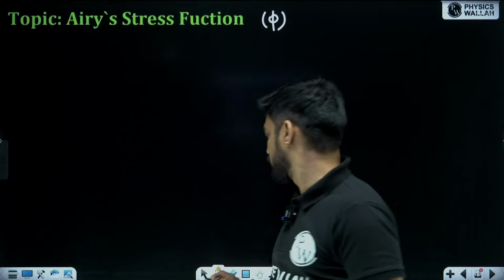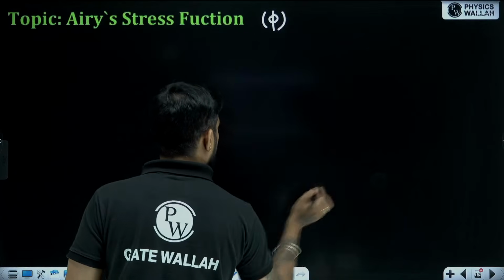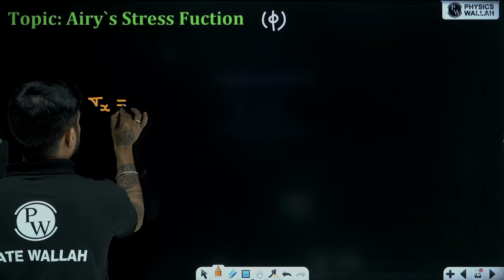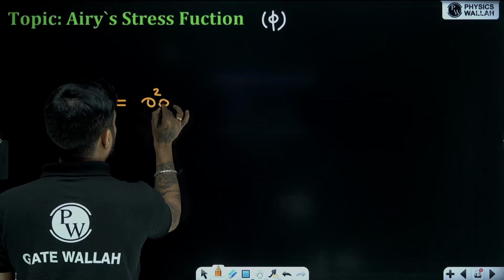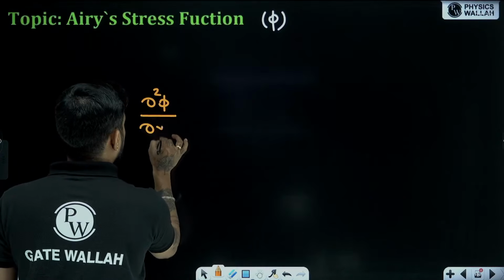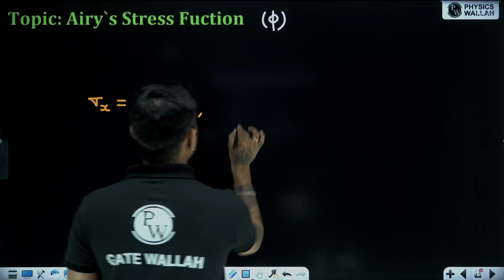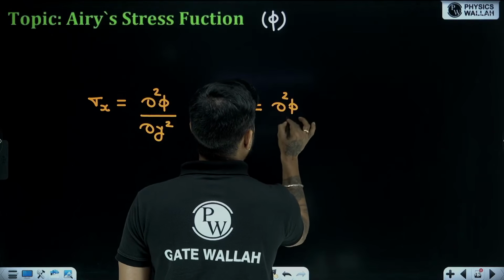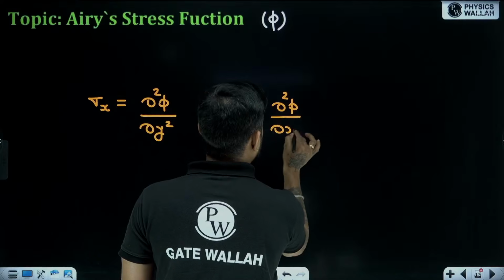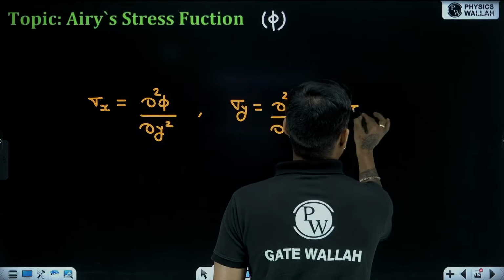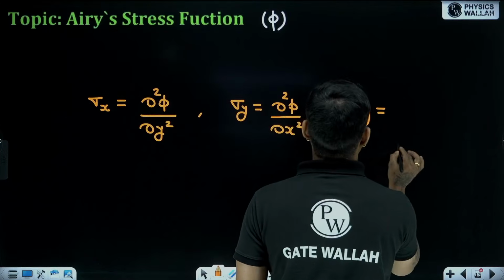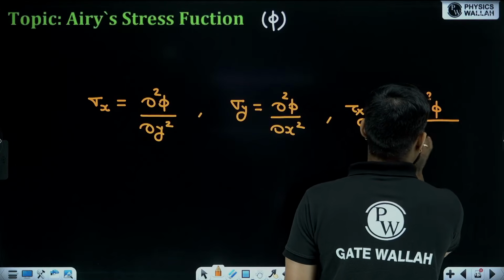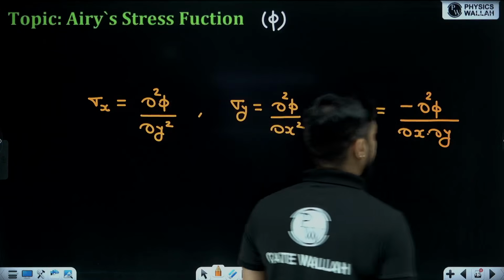How? Airy stress function is defined like this: sigma x is equal to dou square phi by dou y square. Sigma y is equal to dou square phi by dou x square, and tau xy is equal to minus dou square phi by dou x dou y.